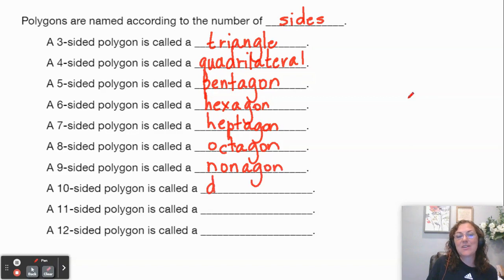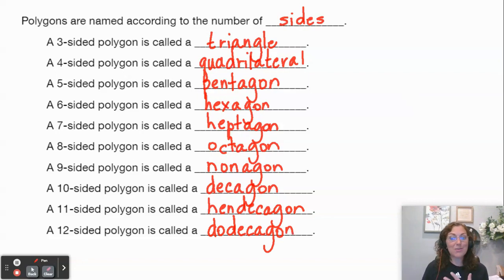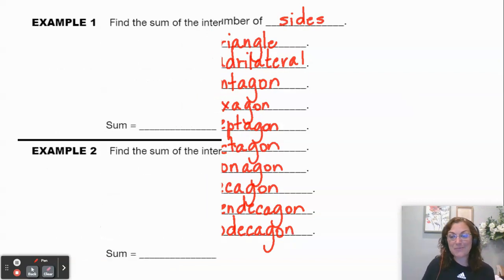A 10-sided figure is called a decagon. An 11-sided figure is called a hendecagon. And a 12-sided figure is called a dodecagon. Like I said, some of these you probably are familiar with. Others may be brand new to you.